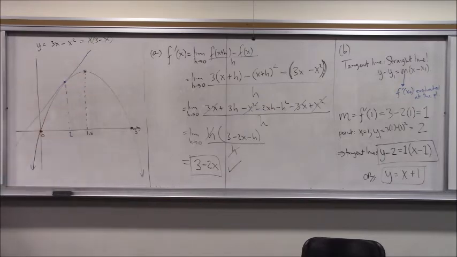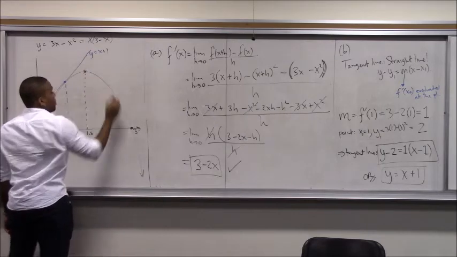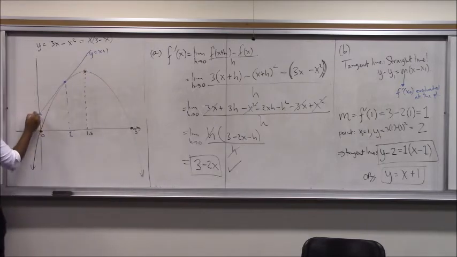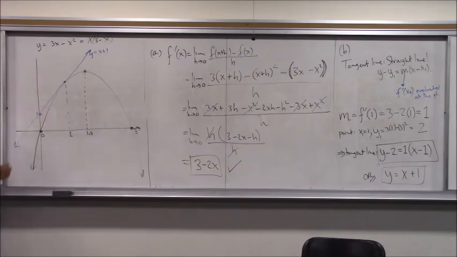And we now know that line would be y equals x plus 1. So it's a line with slope 1 passing through y-intercept 1. That's kind of what's happening here. This was the line we just computed, the blue line.